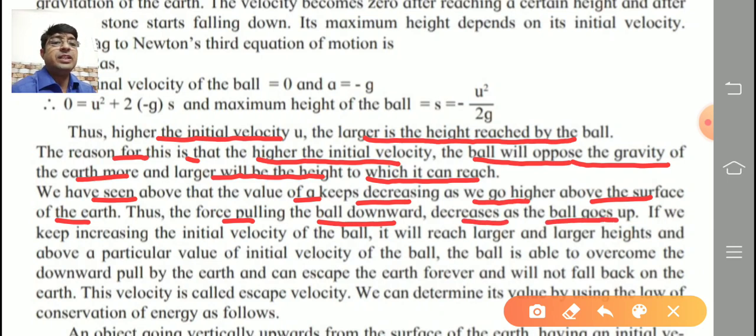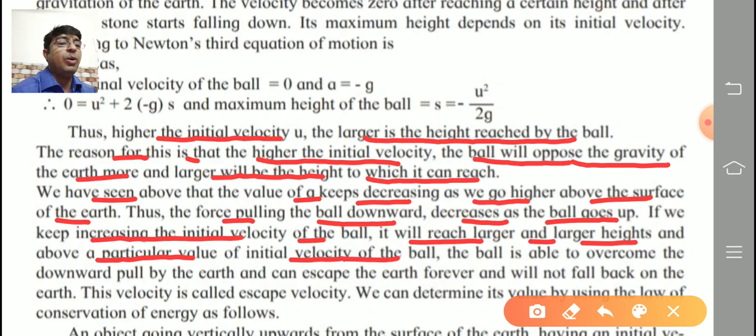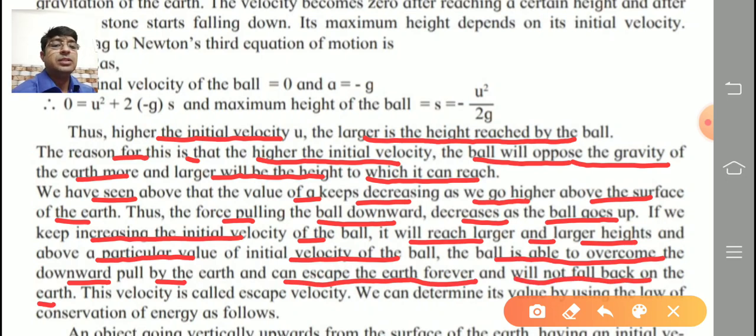If we keep increasing the initial velocity of the ball, it will reach larger and larger height, and above a particular value, the initial velocity of the ball is able to overcome the downward pull by the earth and can escape the earth forever, and will not fall back on the earth. This velocity is called the escape velocity.